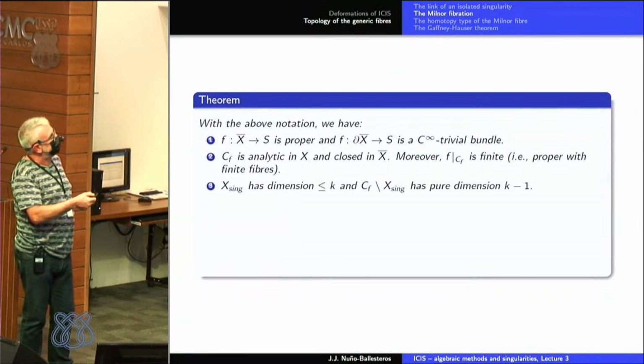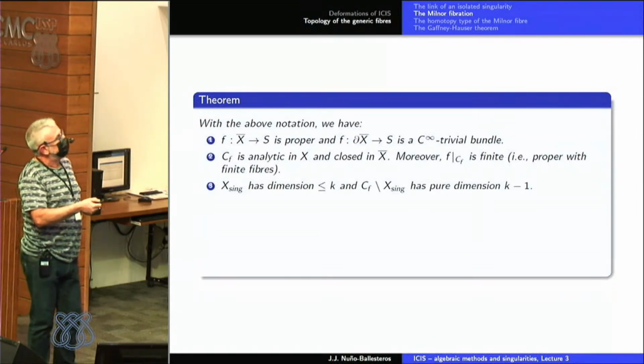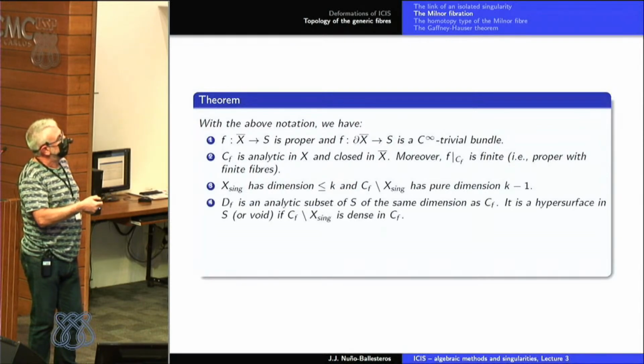Moreover, the singular locus of X must have dimension less than or equal to K. And in the regular part, the critical locus of F has pure dimension K plus K minus 1. As a consequence, the discriminant is an analytic subset of S, also of dimension K minus 1.